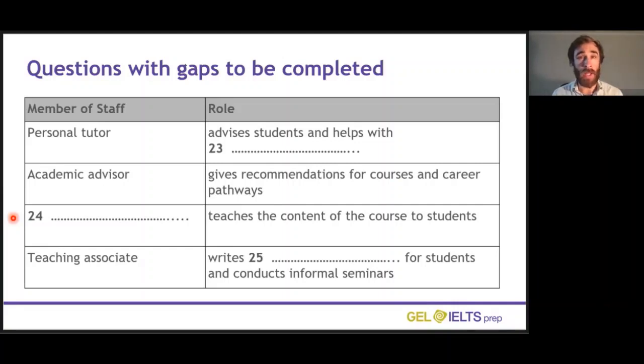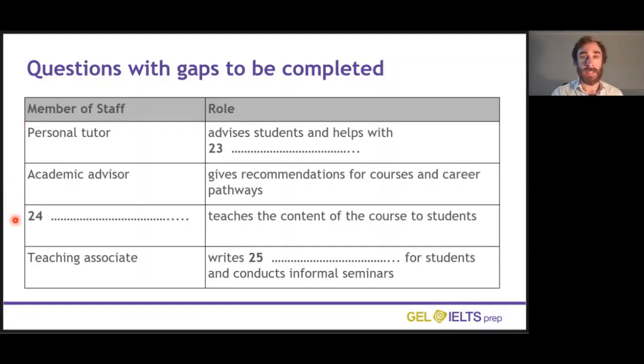Question 24 is probably going to be something like professor, teacher, or instructor. These are all members of staff that you would find at a university. So maybe not those exact words, but it will be something similar. It's not going to be student or customer because they are not members of staff. It's also not going to be personal tutor because that's already in the question.